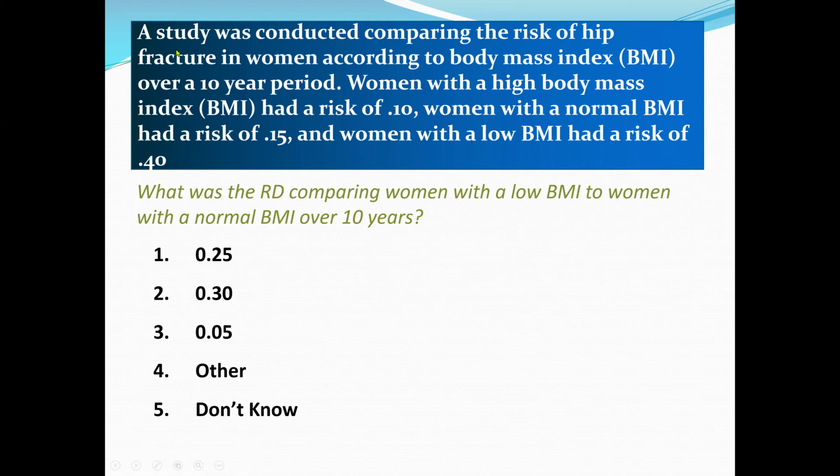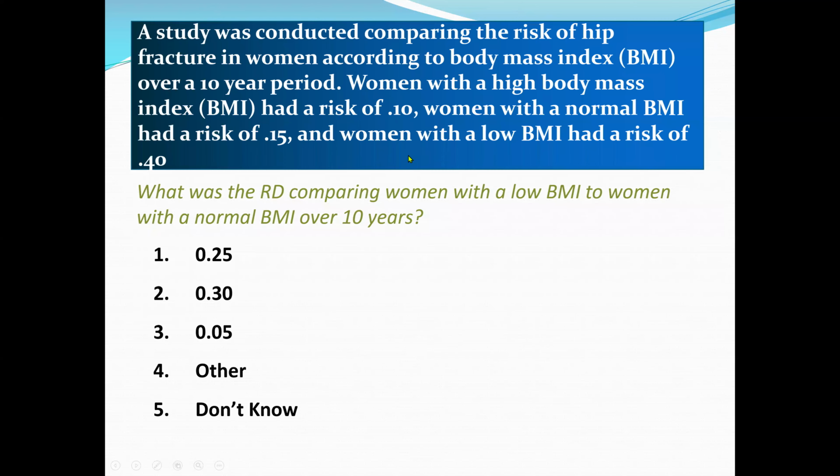Now, the next question says a study was conducted comparing the risk of hip fracture in women according to body mass index over a 10-year period. Women with high body mass index had a risk of 0.10. Women with a normal BMI had a risk of 0.15.